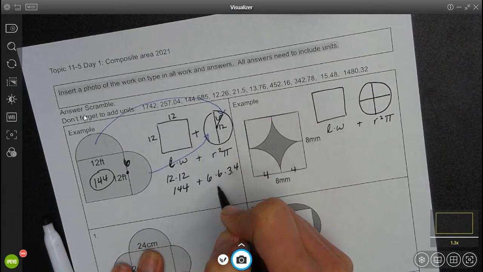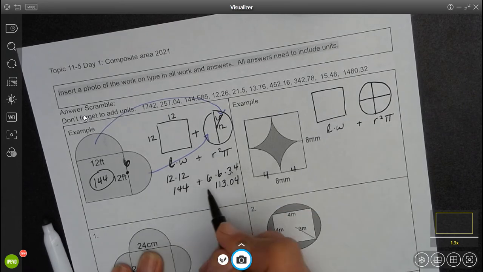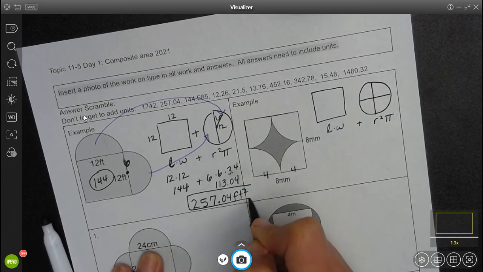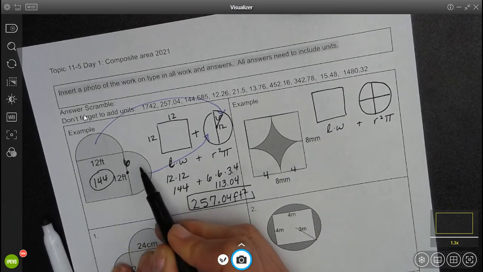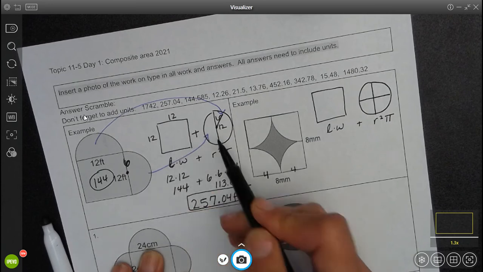I did that earlier, gives me 113 and 4 hundredths. I would add those two numbers up because they are next to each other. It's getting bigger by that much. So I just rearranged where these shapes were, seeing my plan of attack being a square plus a circle.